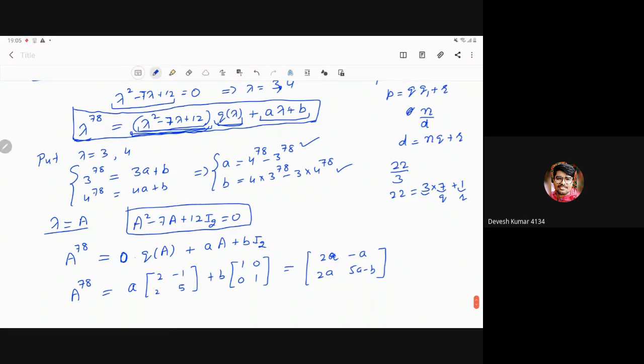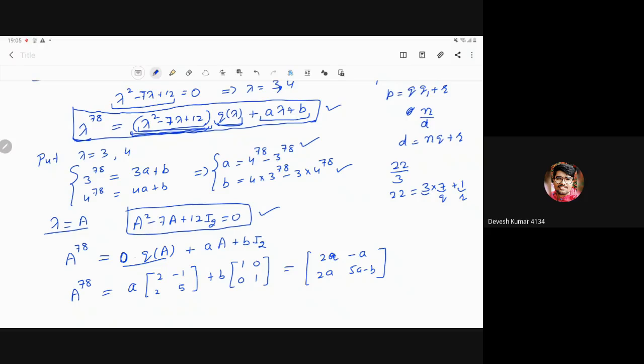In this expression, I have put three things: lambda equal to 3, lambda equal to 4, and then lambda equal to A. When I put 3 and 4, I get two linear equations in A and B, and I'm able to solve for A and B. By putting lambda equal to A, I'm able to get A power 78, using the Cayley-Hamilton theorem in between.